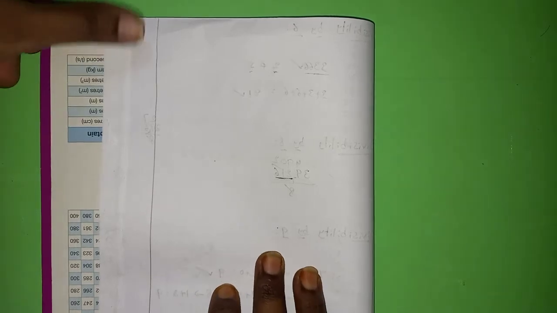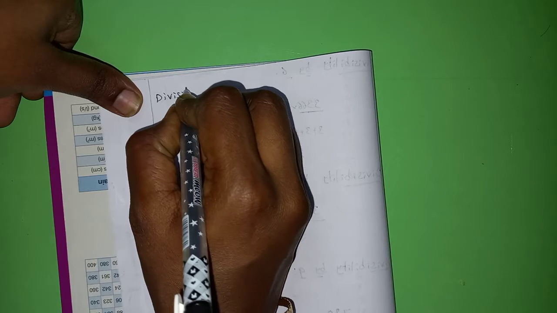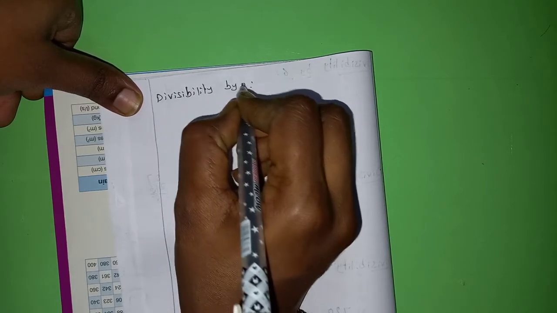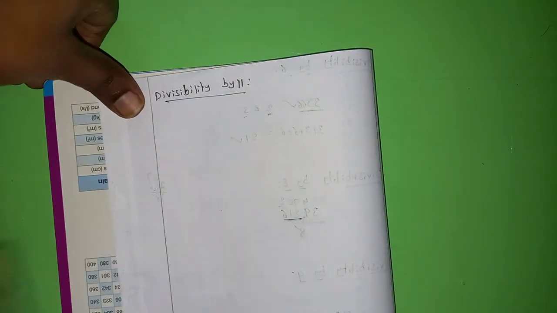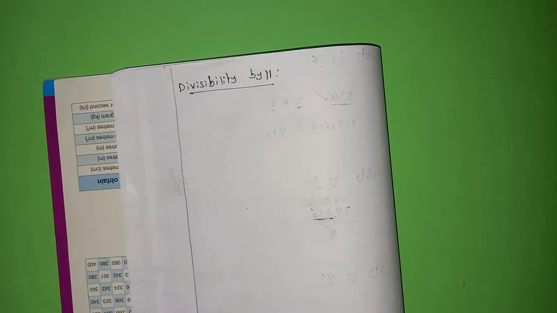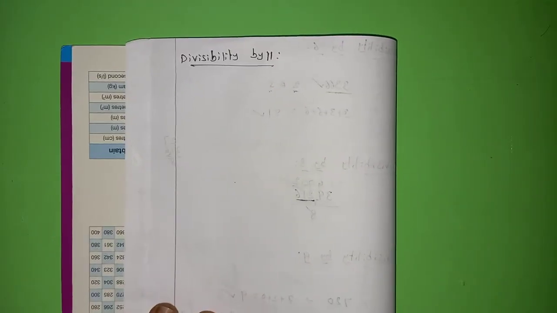Okay. The last divisibility rule is divisibility by 11. Up to 99 we can easily say, like the multiples of 11, like 11, 22, 33, 44, 55, 66.